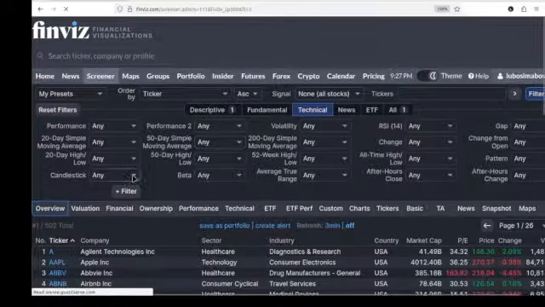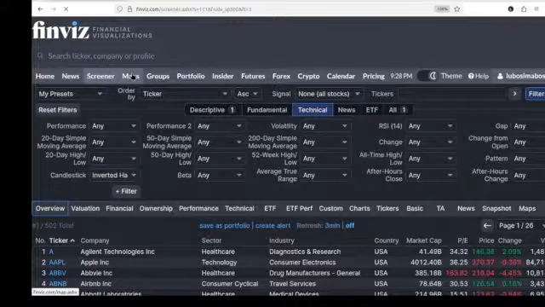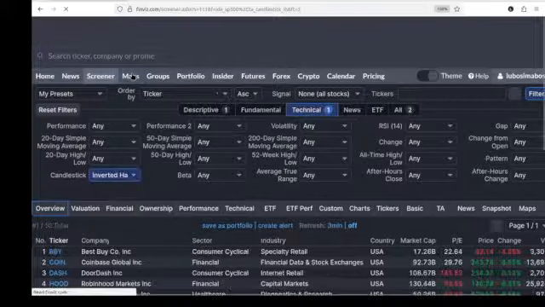Choose a candlestick pattern. In this case, I'll choose the inverted hammer. So remember, each candlestick pattern is like a person. So you have to master the psychology of each pattern and what makes that pattern unique.